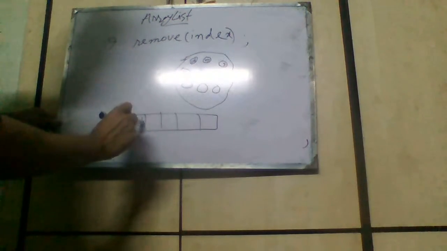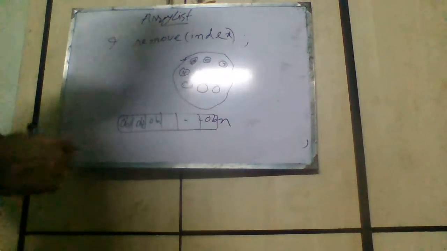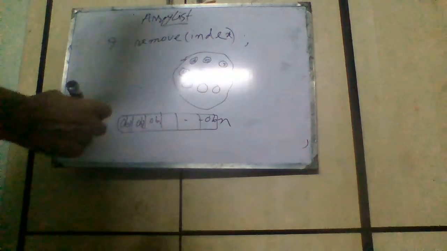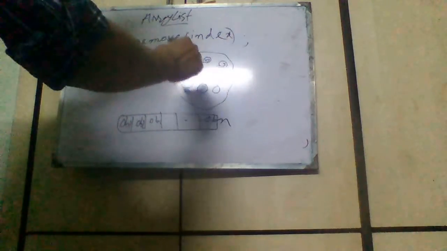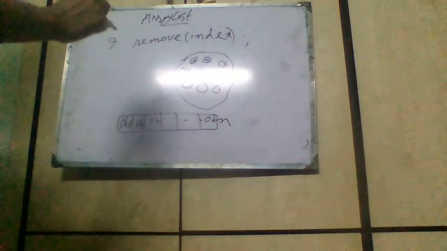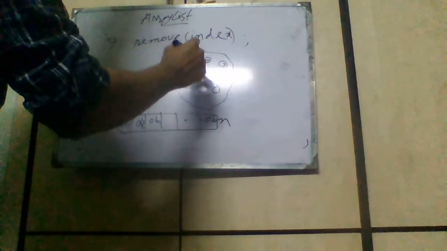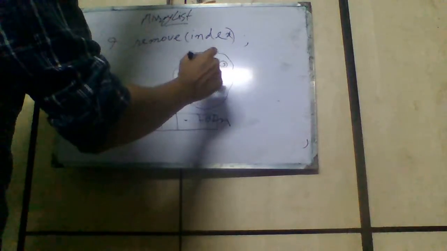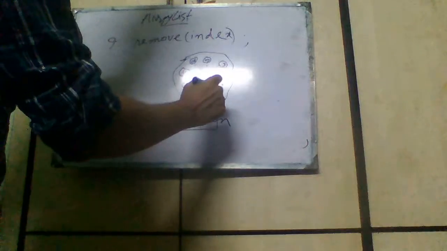Object 1, object 2, object 3, up to object n. If we want to remove these objects from this entity, then we have to pass the index. So we can say these indexes are 0, 1, 2, 3, 4, 5, 6, 7, 8.